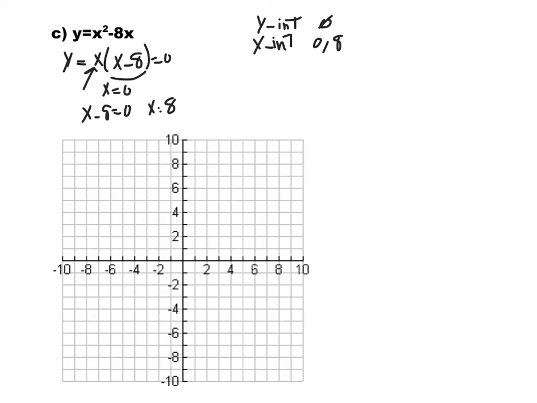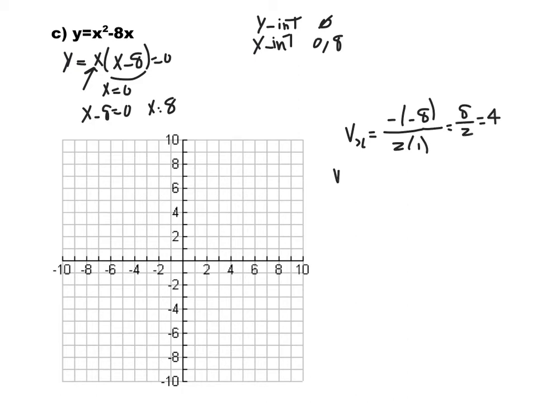The next one, I have to find the coordinate of the vertex. I know the x-coordinate of the vertex is minus b over 2a, which is minus minus 8 over 2 times 1, which is 8 over 2, which is 4.